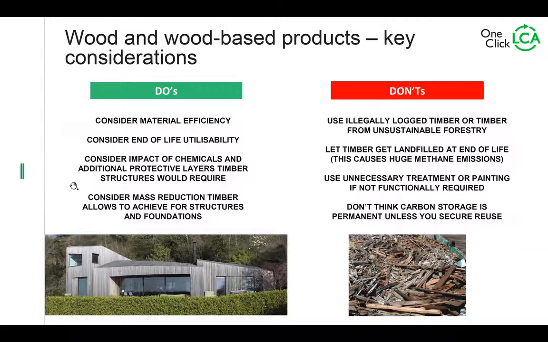And if you have a wood project or wood-based project, there are some things from the carbon balance point of view that you really should consider. So the first thing is, don't use illegally logged timber or timber from unsustainable forestry, for example.